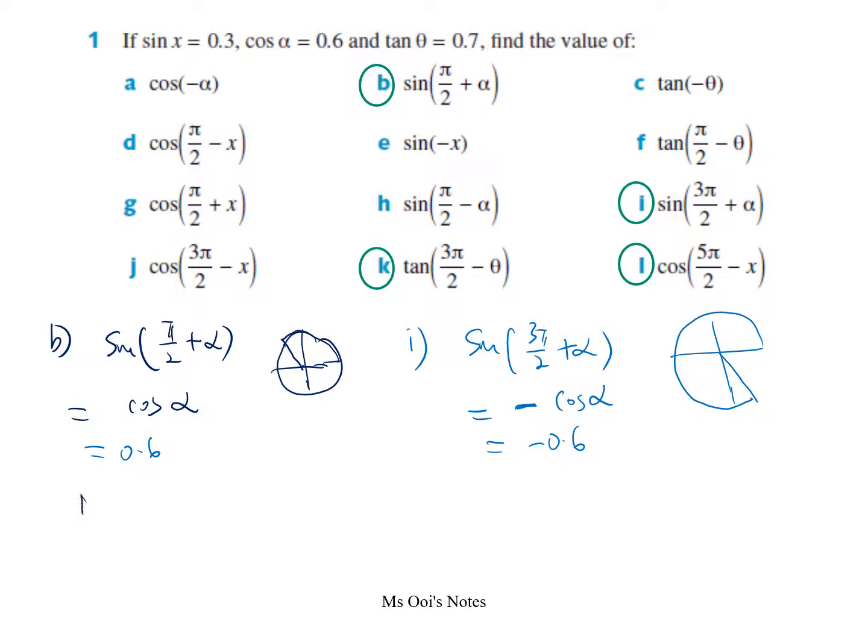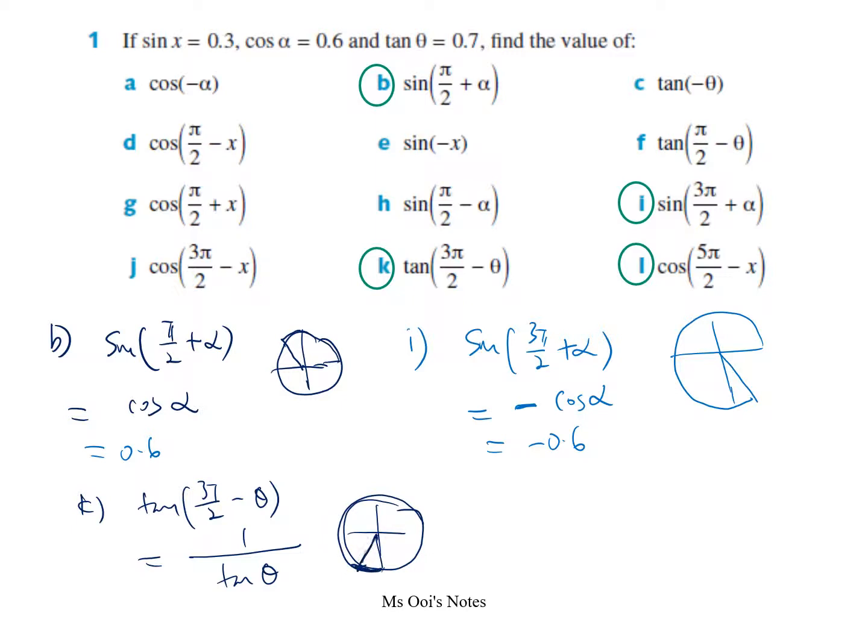Okay, now tangent of 3 pi over 2 minus theta, that'll become 1 over tangent theta. So 3 pi over 2 minus theta means going backward.